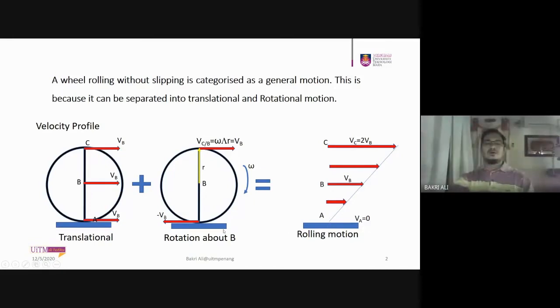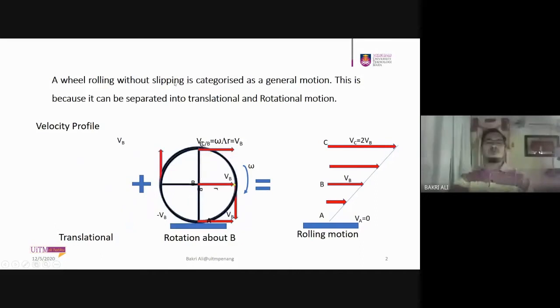To check whether the tire has a rolling motion, you just need to see this platform, either a road, a plane, or whatever. If you have this platform, then it is a rolling motion. Or sometimes the question will tell us that the wheel is rolling without slipping.